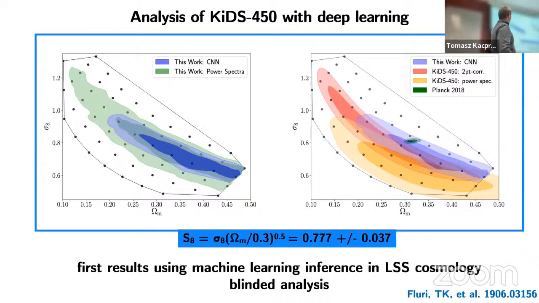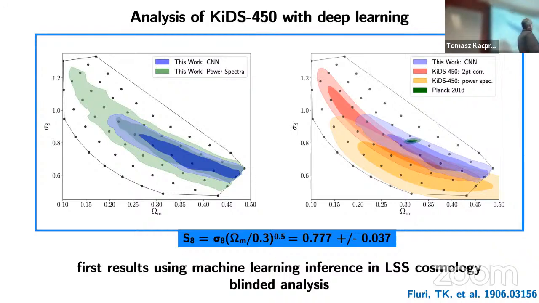And what we see is that, as we expected, the advantage of the CNN over our own power spectrum analysis is great. That's what we thought would happen. We managed to shrink the contours in S8, as well as break the degeneracy that is known to be there between these two parameters a little bit more.